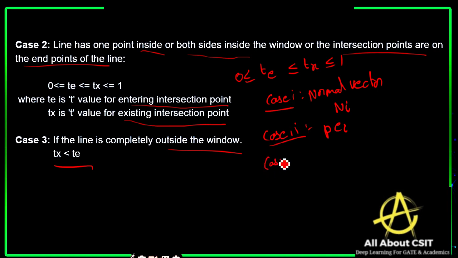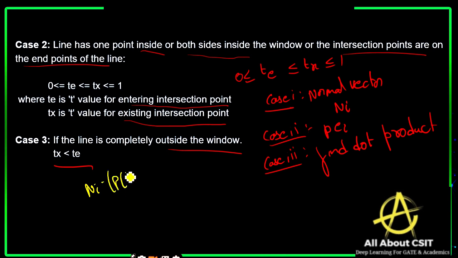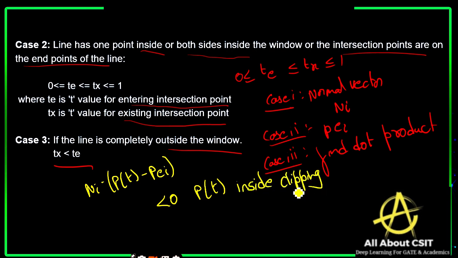Then finally step 3: find the dot product. The dot product is Ni into (P of t minus PEi). Suppose this dot product is less than 0, that means P of t is inside the clipping window.